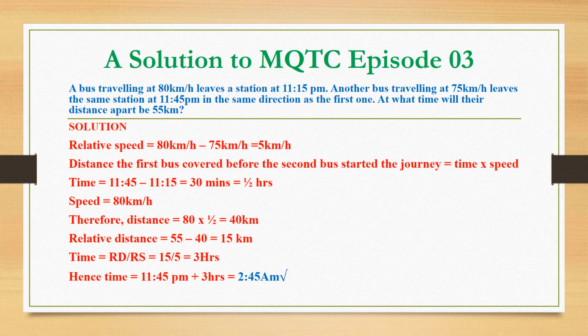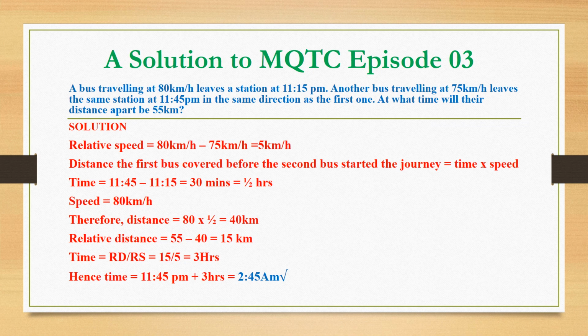After you have obtained relative speed, which is now 5 kilometers per hour, you are supposed to move to the distance the first bus covered before the second bus started the journey, which is supposed to be the time that the first bus took before the second bus started the journey. Then you multiply by its speed.